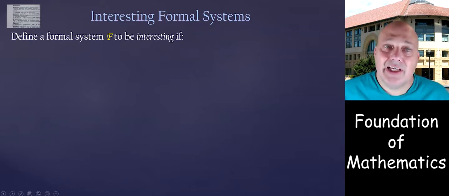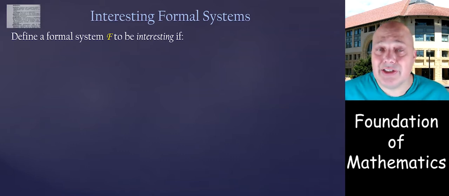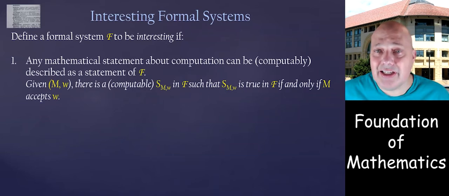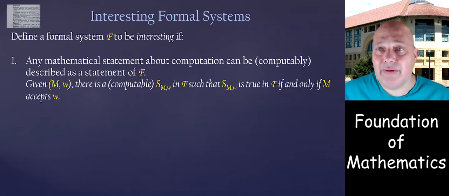Now we can define a formal system F to be interesting if, again, any mathematical statement that can be expressed in English can be described as a statement in F. This in particular should mean that given any machine M and string W, there is a computable statement S_{M,W} in F, where S_{M,W} is true in F if and only if M accepts W. The statement "M accepts W" is something that we can describe in English.